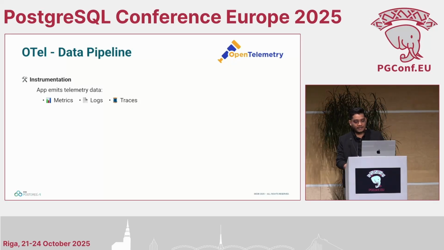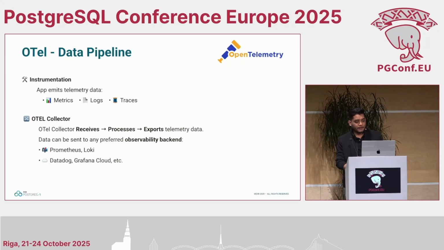As we can see, we need to instrument our application so that it emits telemetry data. Then we need to use something called the OpenTelemetry collector, where the magic happens. It basically has 3 modules, which I will go into in detail next. The task of the OpenTelemetry collector is very simple: to receive the data, then process it, and finally export it.